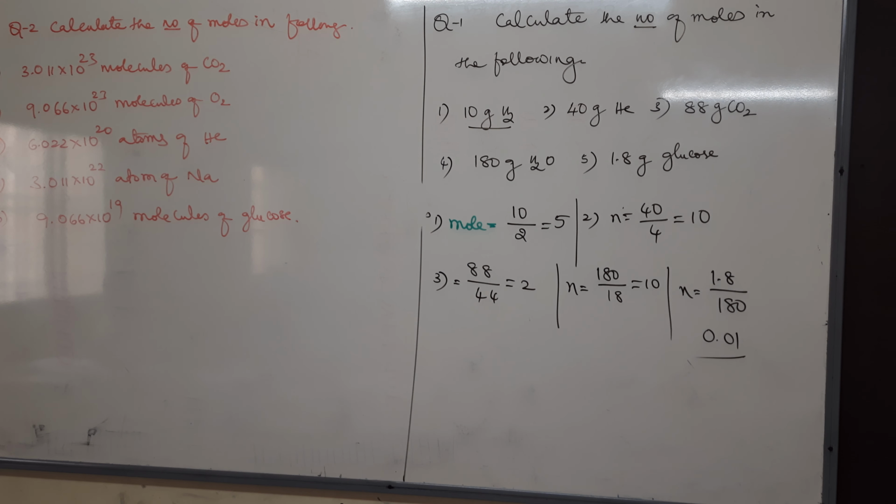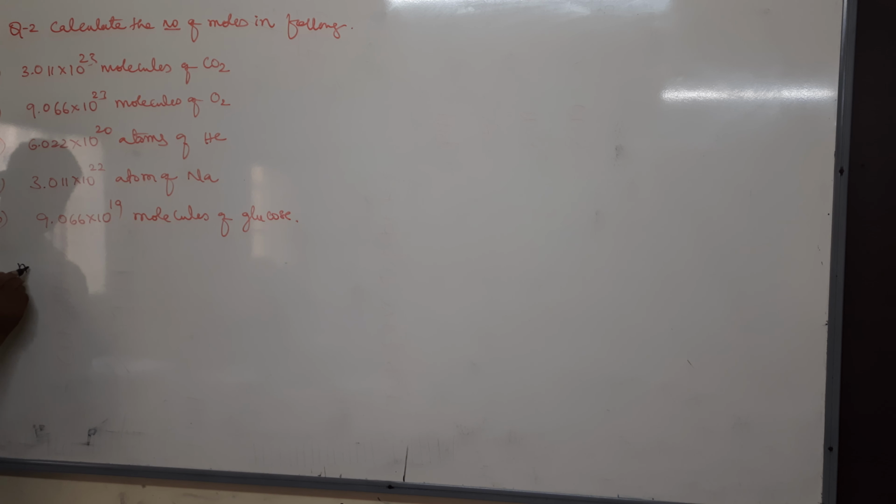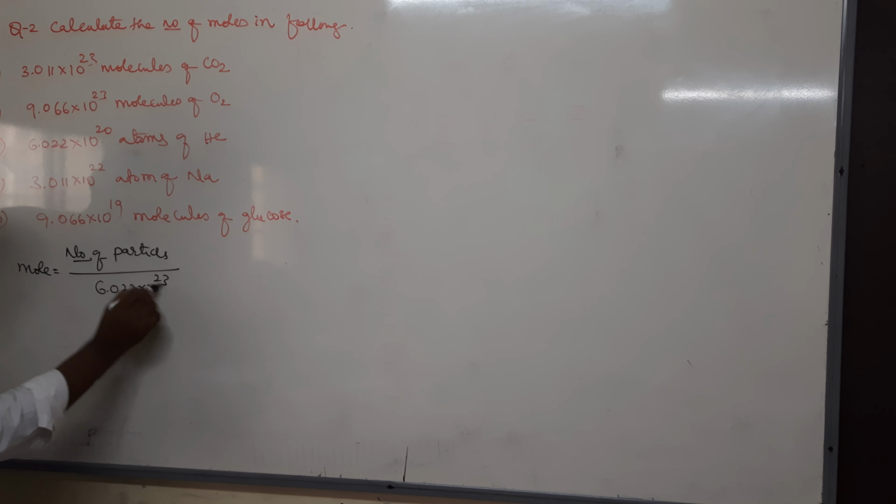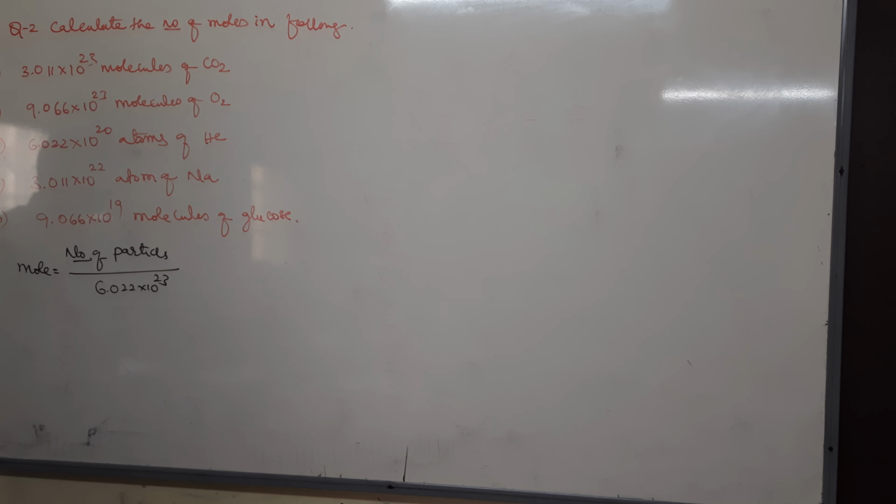In all the cases molecules are given, right? It's nothing but particles. When the particles are given, what is the formula to calculate mole? Mole is equal to number of particles, or number of atoms, or number of molecules, divided by Avogadro number of particles, that is 6.022 into 10 power 23.